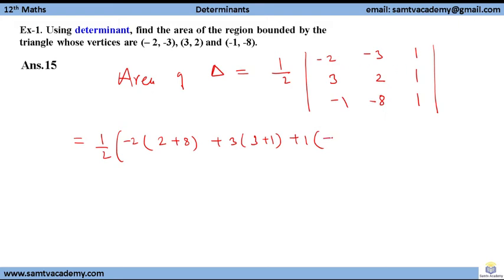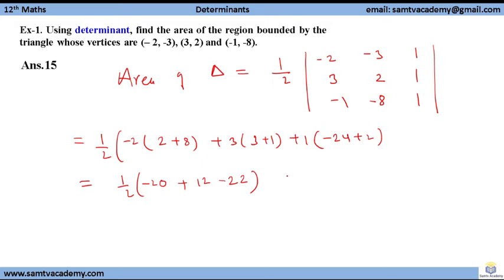So 8 3s are 24, minus 24 plus 2. If you solve this, we'll get 1 by 2, minus 2 into 10 is minus 20, plus 3 4s are 12. So 12 will be here, and this is minus 22. So this will be 22, 40, 42 minus 12.